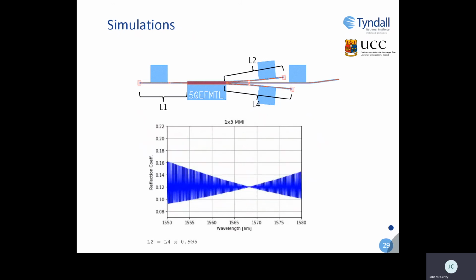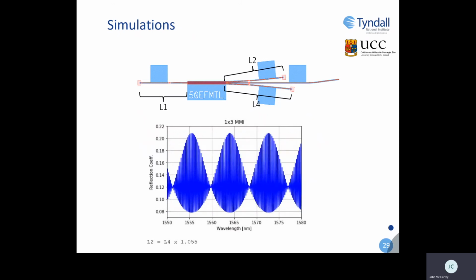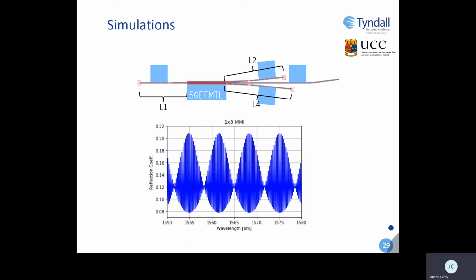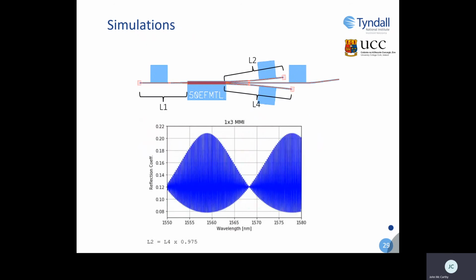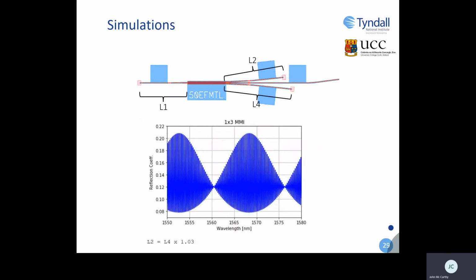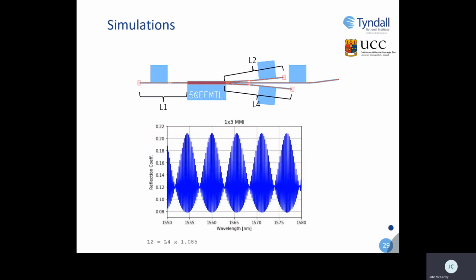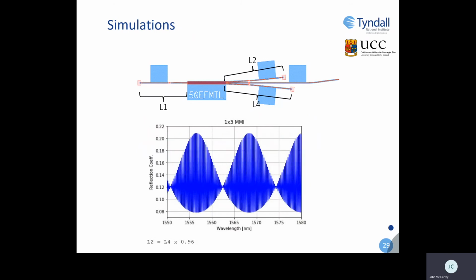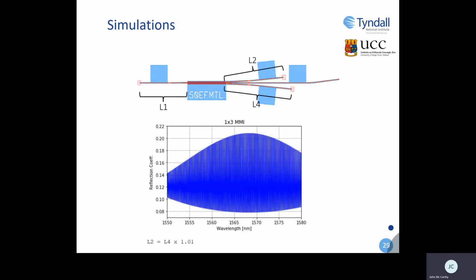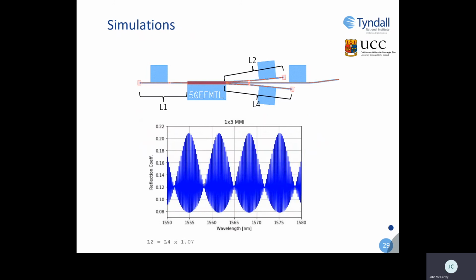Whereas in the 2x2, we'd have to vary one arm to change the position of the larger modes and vary the other arm to change the position of the smaller modes. So by just varying one, we'd already imagine we'll produce more wavelengths, and it would be more sensitive here if we vary both at the same time.